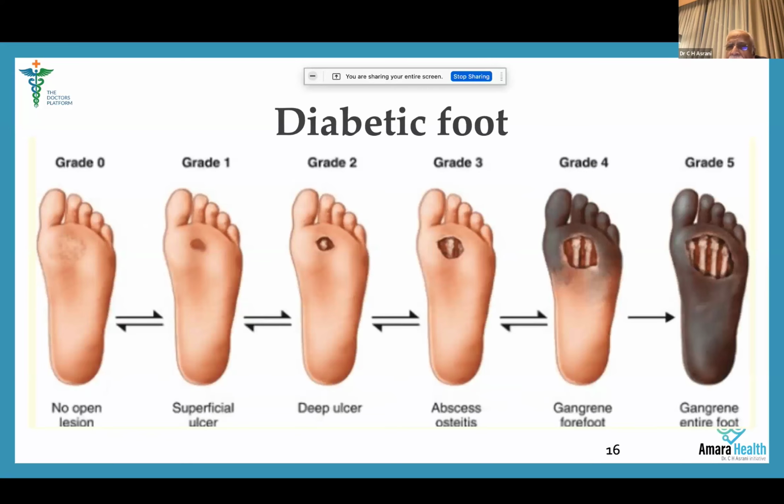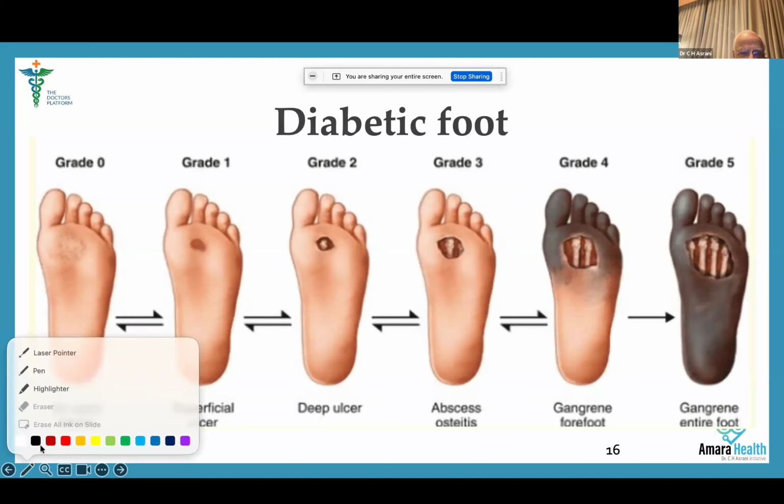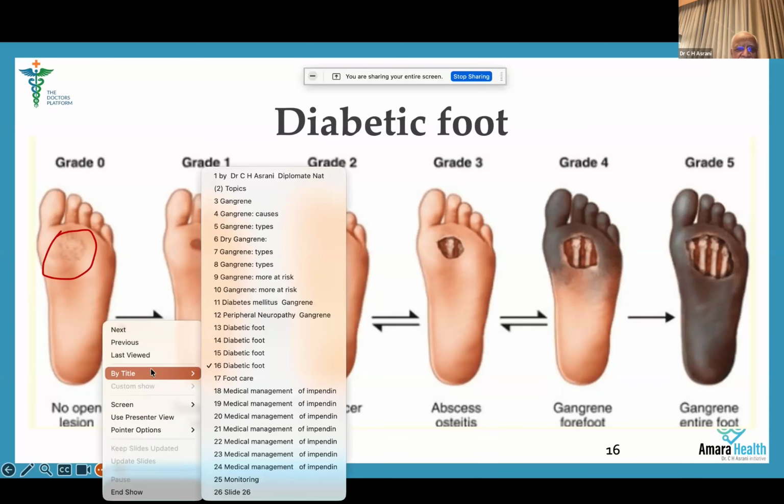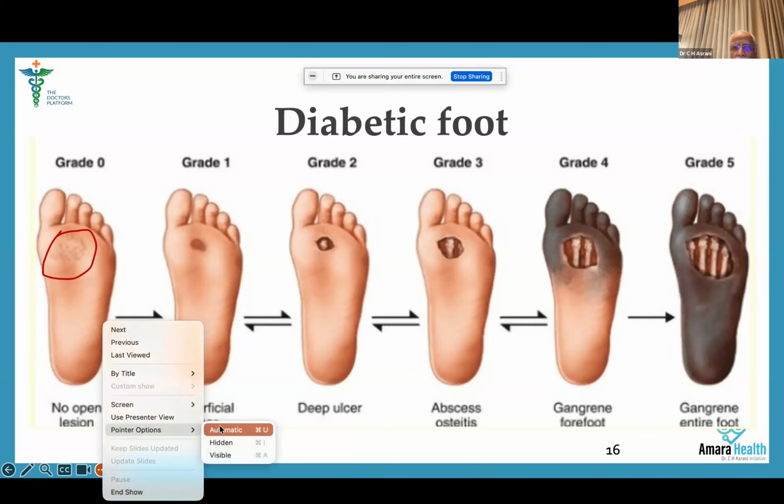Look at this. This is the progression of a diabetic foot. First is diabetic foot. You can see a little abnormality here, but there is no open ulcer. Then you have a superficial ulcer, deep ulcer, abscess or osteitis.